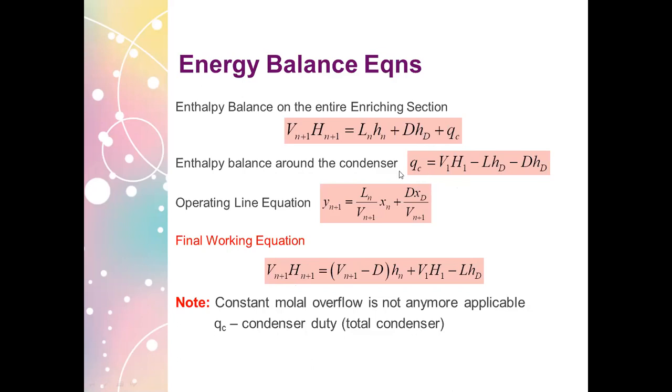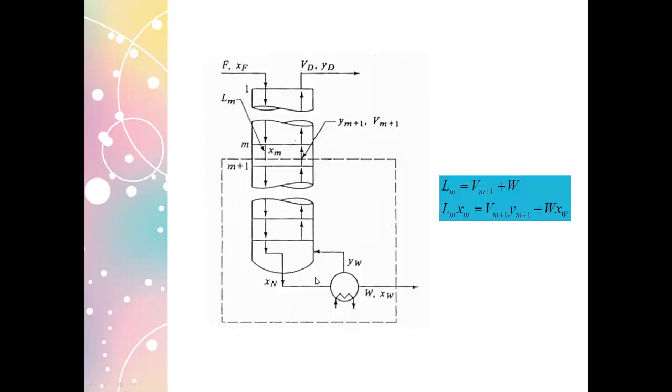If we did an energy balance on the upper part or section of the column, we also do an energy balance on the lower part of the column. And this time you already have the appearance of the feed because it's in the stripping section. We labeled the particular stage here as M because we used N for the upper portion.